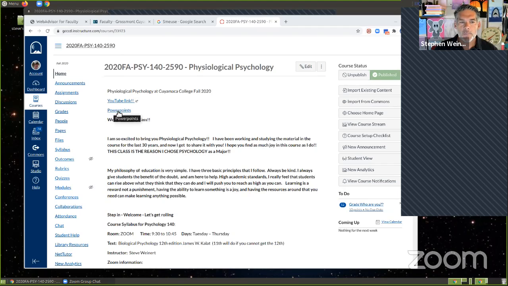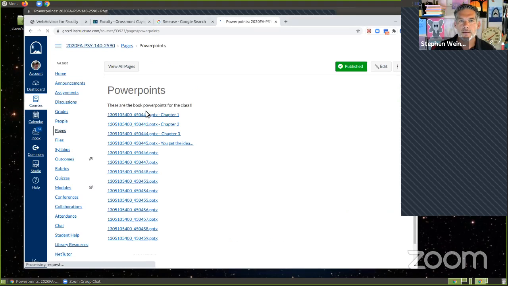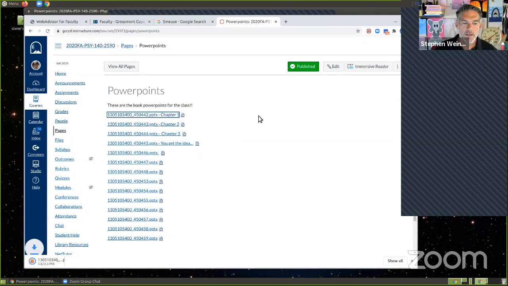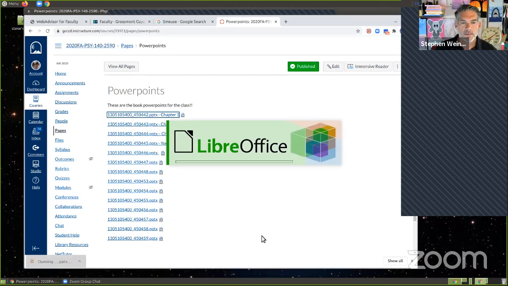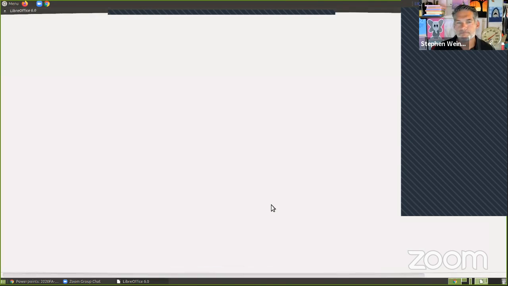This little link of PowerPoints right here. I don't use PowerPoint. I use my tablet to draw on. But in this link, here are all the chapters of the book as PowerPoints. These are the ones that the publisher sends out for us. So we can open it. This is a Linux computer, so it has its own special version of Office that mostly works.